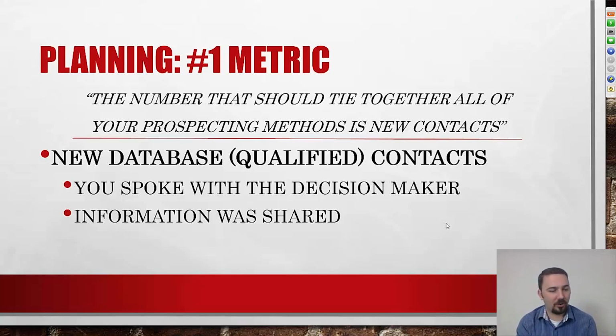information was shared. Now, this is very important because as salespeople, we are inherently optimistic, which can be good. It can also be very bad. So when we say information was shared, what I mean is don't worry quite so much about how you feel about a prospect. You leave the business and say, oh, I just feel so good about that contact. I think they're going to buy.